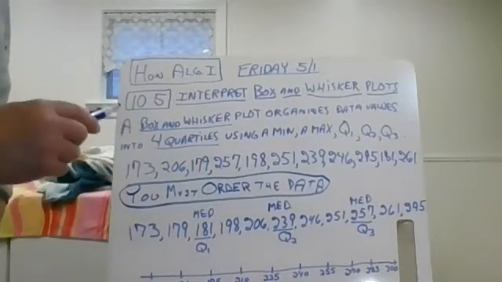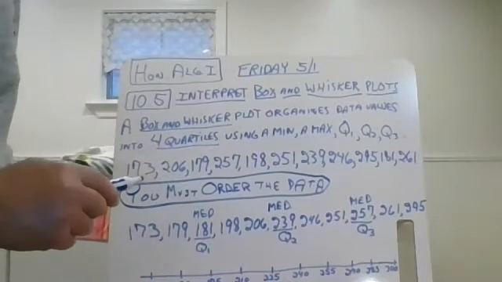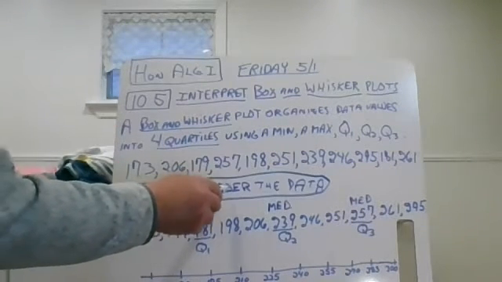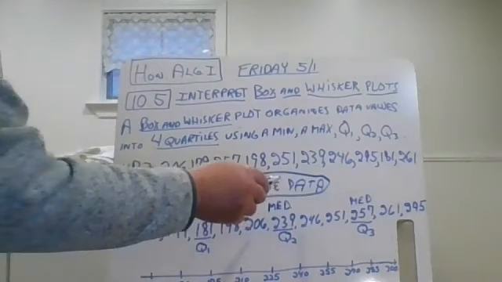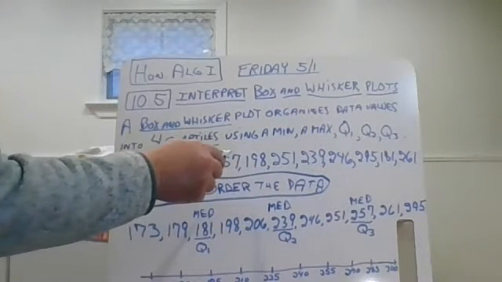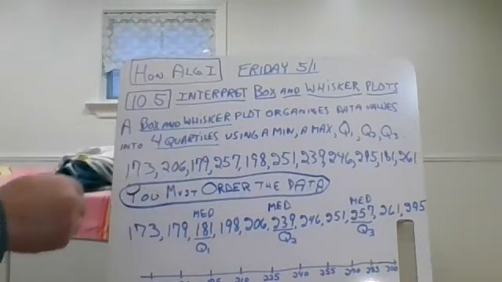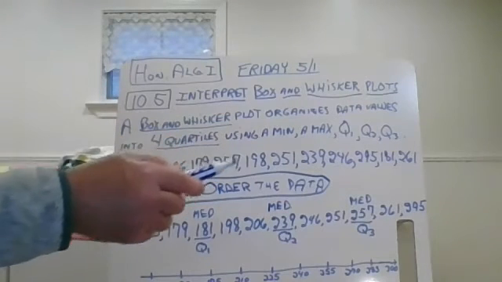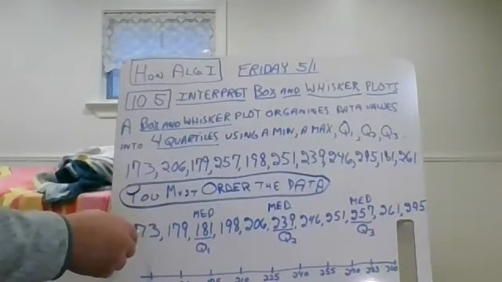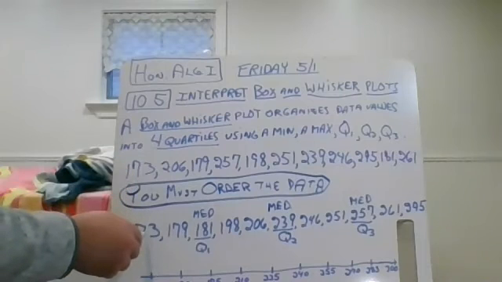Now, in order to create a box and whisker plot, you must order the data. You have to take these data values and arrange them from least to greatest. And so that's what I've done down here. 173 is the least value.